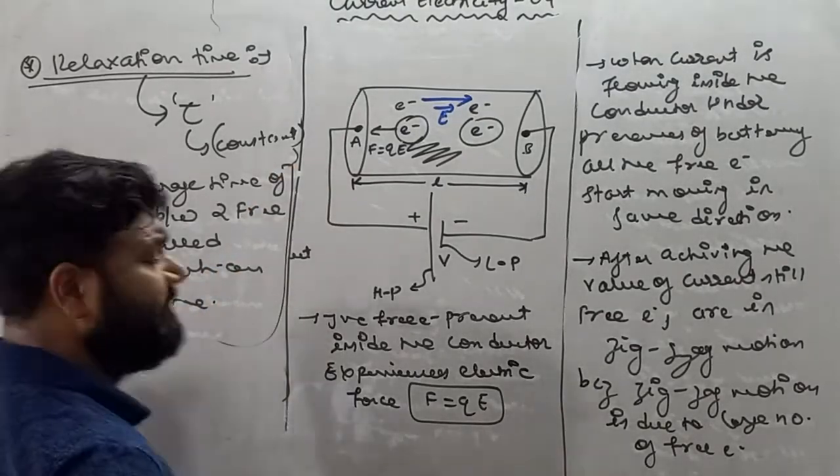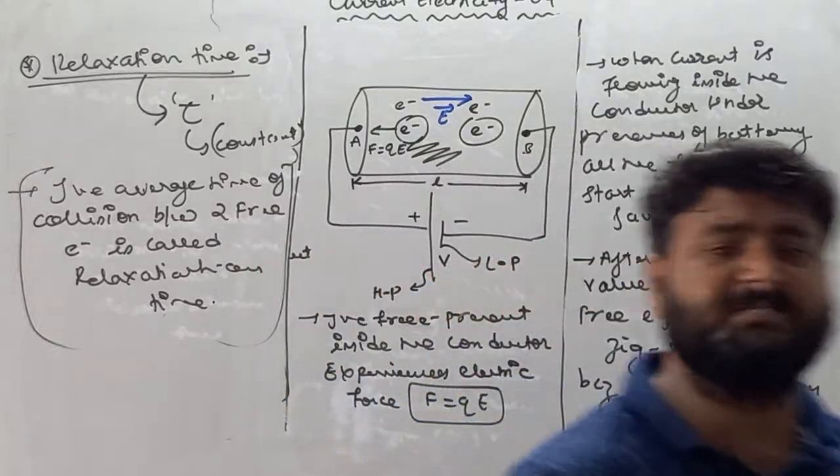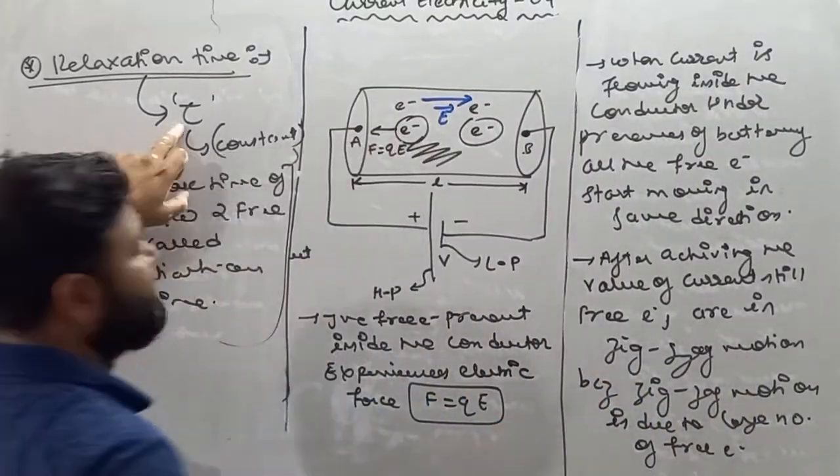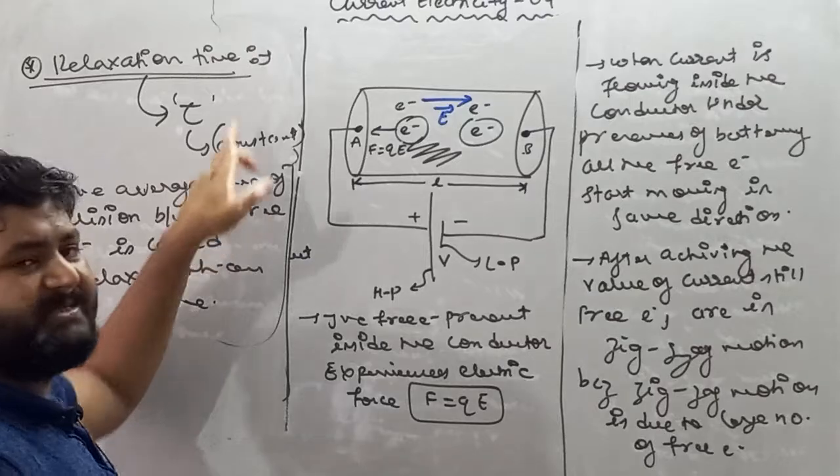See, actually infinite collisions can take place between two free electrons, and every collision will take place at a different time. So infinite times will be possible, and we cannot get any further equation if infinite times are there. So what will we consider? Let's suppose an average time of collision, which is represented by tau.